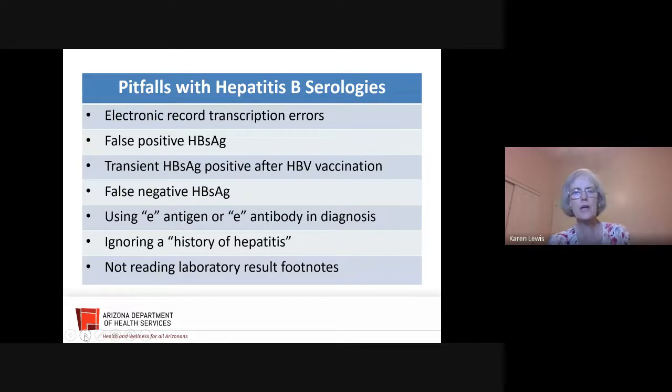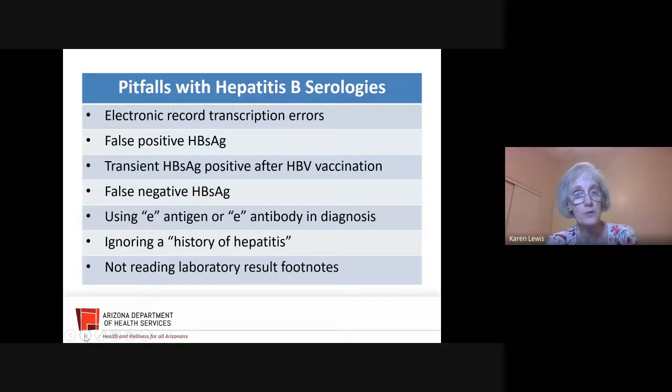Things that you have to watch out for with hepatitis B serologies, I mentioned a few. One is electronic record transcription errors. I've seen several cases where someone who had been tested previously for hepatitis B, and they were positive, and somehow that did not get put into the electronic record when they were admitted to another hospital.